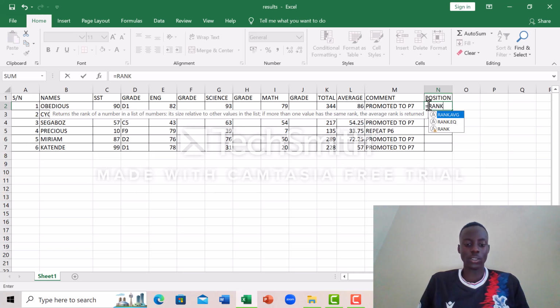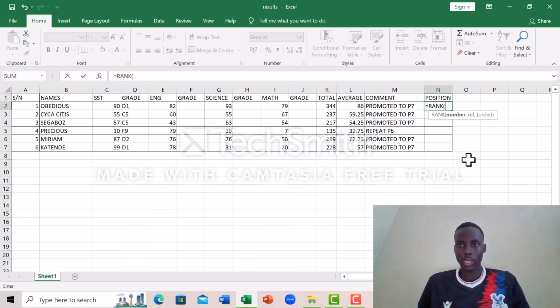To rank these people, I would like to use the total. We can decide to use total or average, it is my choice to use either, but it's better for us to use total.